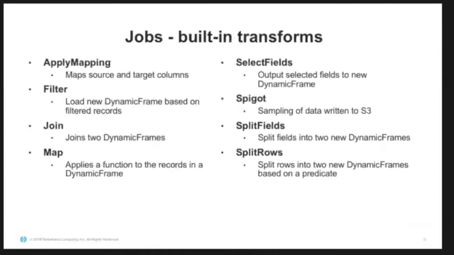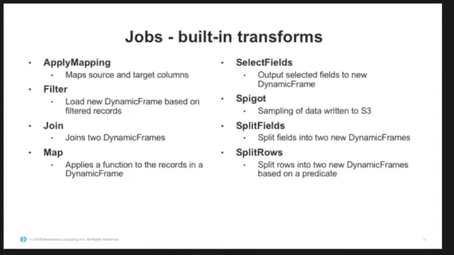Here's a look at some of the standard transforms that are available. This is just a small list, but you see the usual suspects: mapping source to target columns, filters, joins, applying functions, selecting certain fields. So if you join some data frames or dynamic frames together, you want to select only a subset of those fields, you would run that, et cetera.